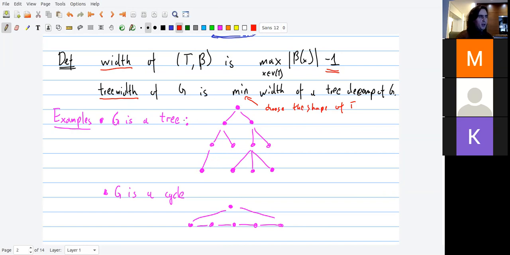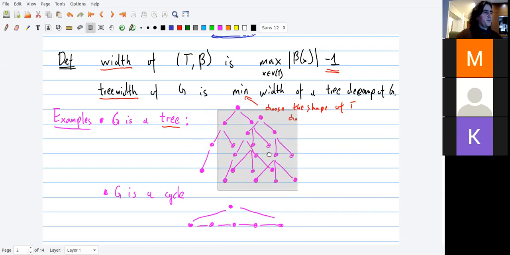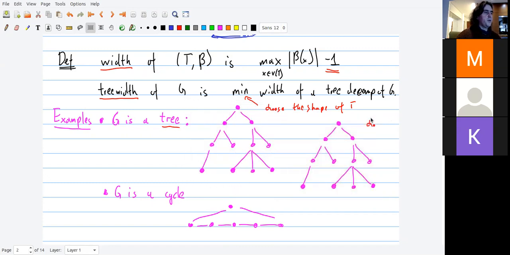So let's see. Definitely, we would like to have the situation where whenever I'm looking at a tree, it should be definitely tree-like, right? So let me think how I can express a tree. I can find a tree decomposition for a tree, or a tree embedding. Here is a tree.